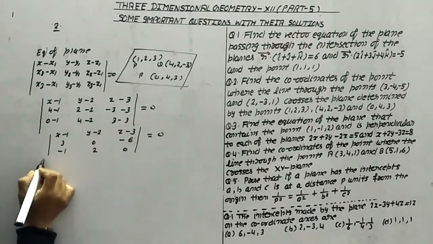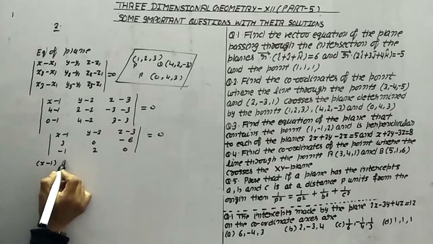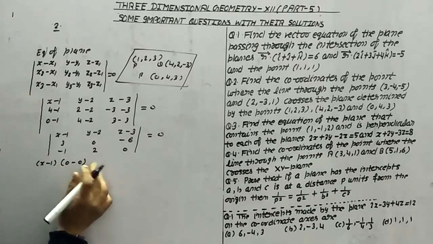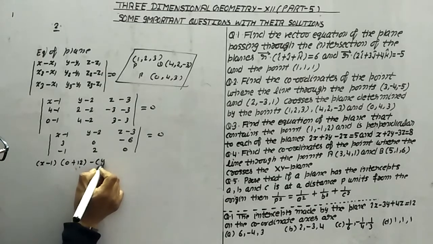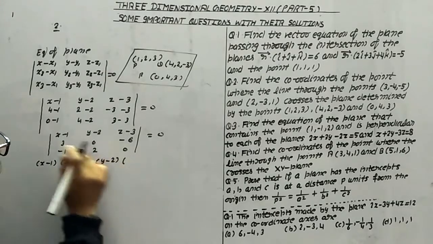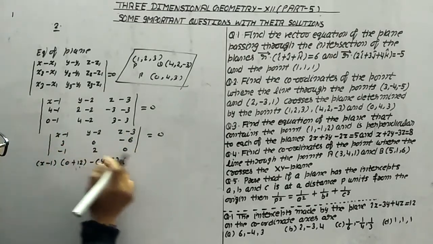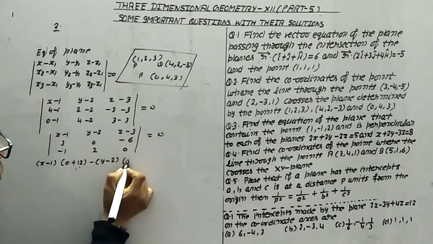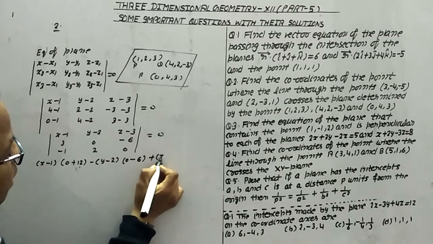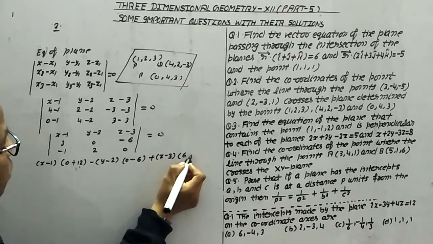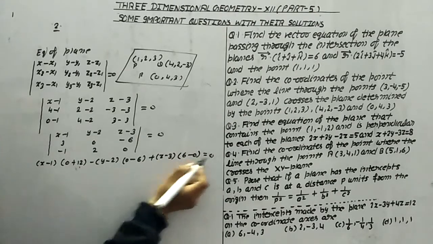Now by the property of determinant, this is x minus 1 into (0 minus 0) plus 12, and then minus (y minus 2) into (0 plus 6), and then plus (z minus 3) into (6 minus 0), equals 0.